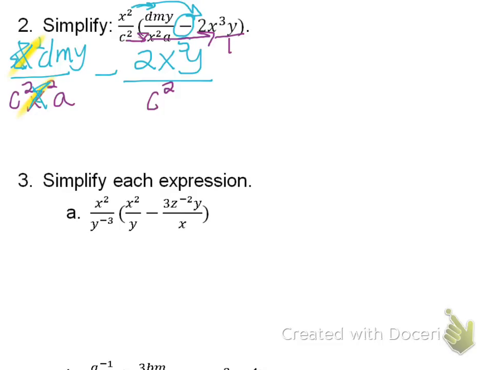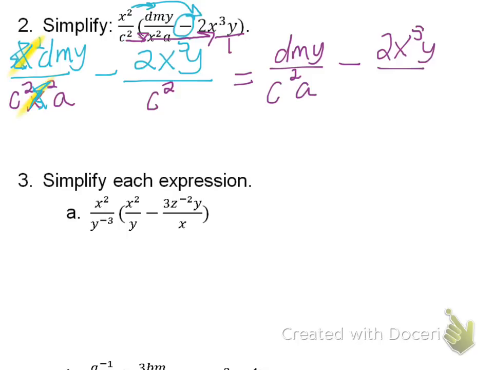Actually, maybe I should just use a scribble. Okay, and there are no other variables in common, so we just have dmy left on the top and c squared a left on the bottom. And in the other equation, there's nothing in common there, so that's just going to stay the same. 2x to the fifth y over c squared.